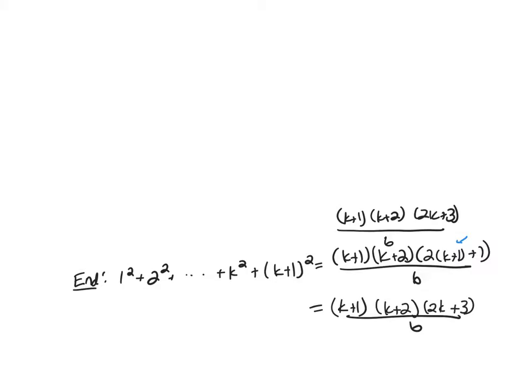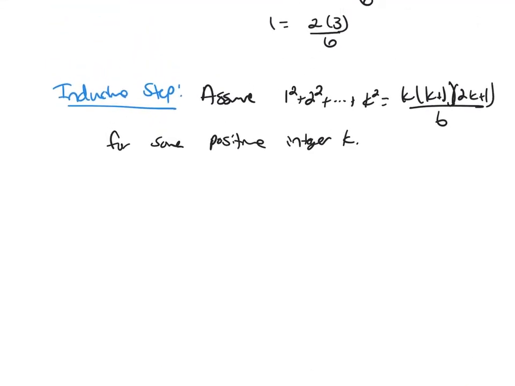Okay, so that's what we need to end up with here. So we're going to go up above, and we're going to take this left-hand side and somehow get this right-hand side. So we're going to go back up here.